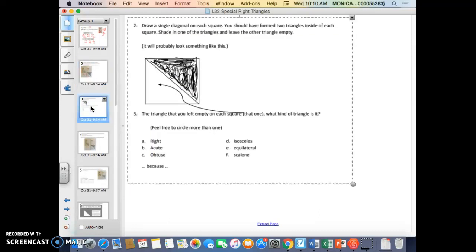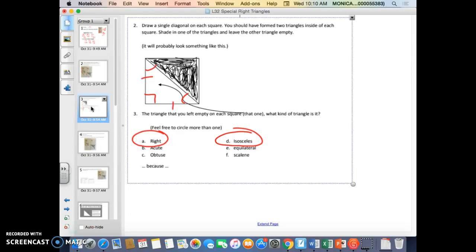Then we've gone ahead and drawn a single diagonal. Remember, a diagonal connects two opposite angles. And we leave the other one empty. And what you should notice here is that this empty square has a right angle, but then we also know that these two sides are congruent, so that means that these two angles are congruent, so that means it's also isosceles.